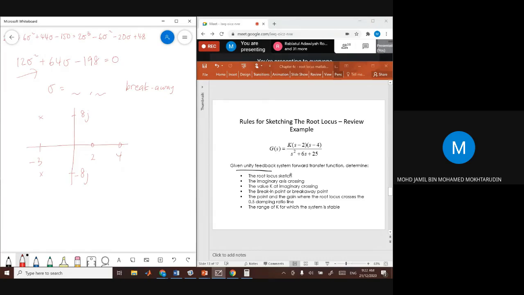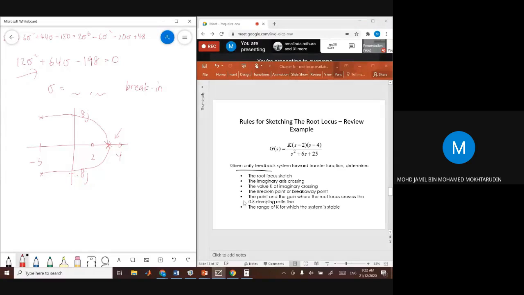So it will start from here and then break in. Okay. So break in, not breakaway. So the point is here. Okay, this is the point.